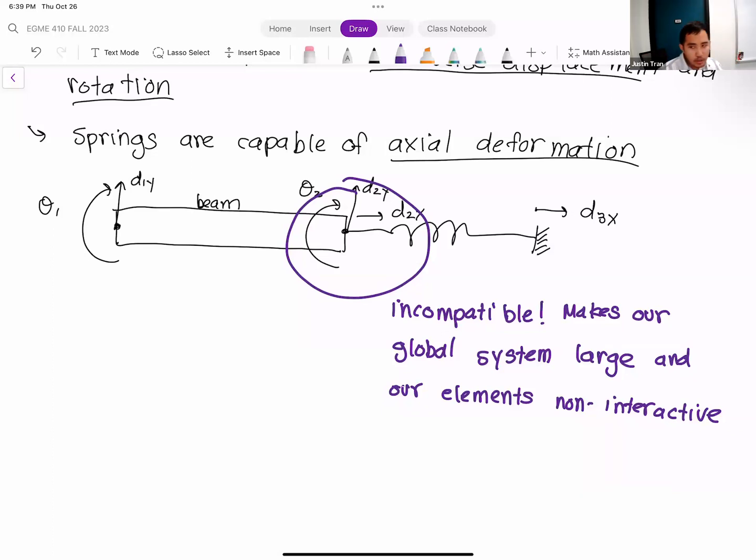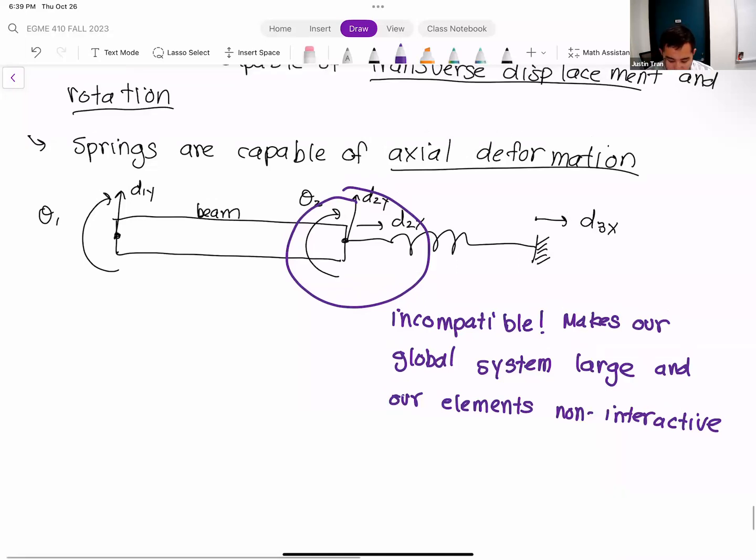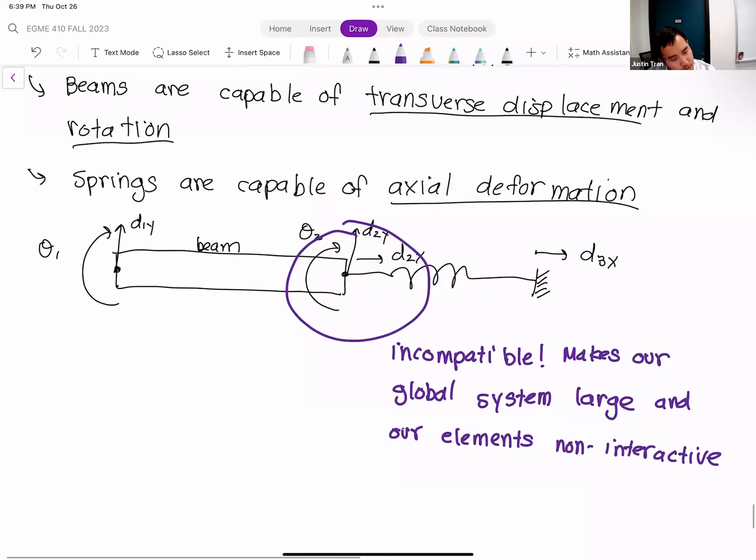In all of our other direct stiffness problems, we've had parts of our global stiffness matrix overlap with multiple elements, right? Whenever multiple element stiffness matrices overlap, that means those two elements are actually interacting with each other, and their solutions are affecting each other, which is what we want in finite elements. And so a situation like this is usually not what we're looking for.